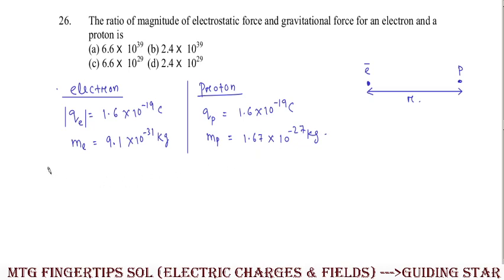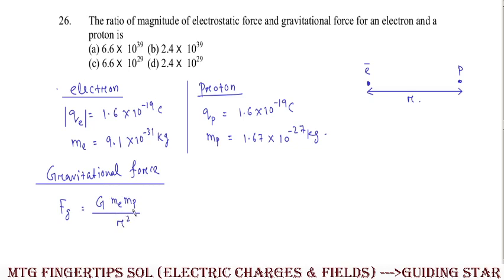So in this particular case, what will be the gravitational force between the given proton and electron? Fg will be G times mass of electron times mass of proton divided by the distance of separation squared, because it obeys the inverse square law. Clear?